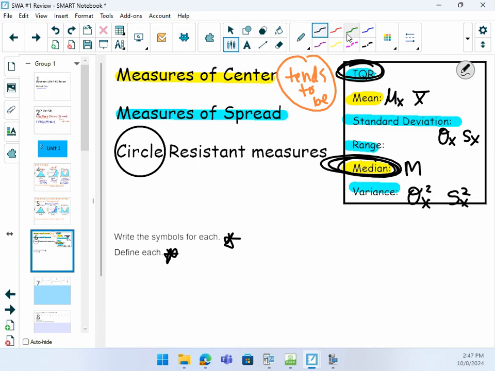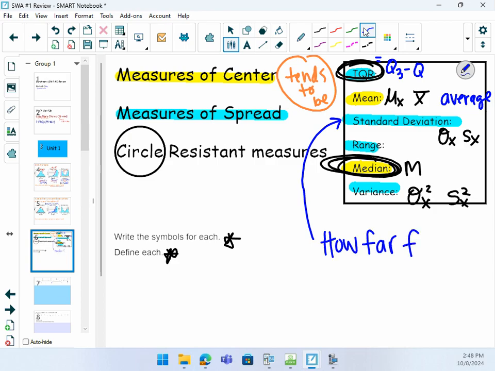Also, you should be able to define what they are. The interquartile range is the range between Q3 minus Q1. You have to have that memorized. The mean is just an average. What does your data look like on average? Your standard deviation is how far away you are from the mean, on average.